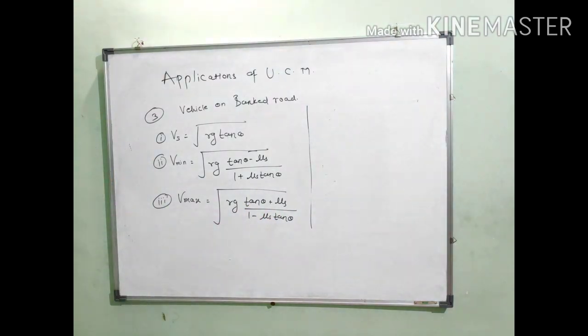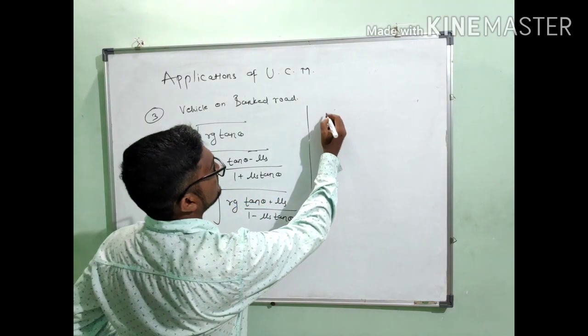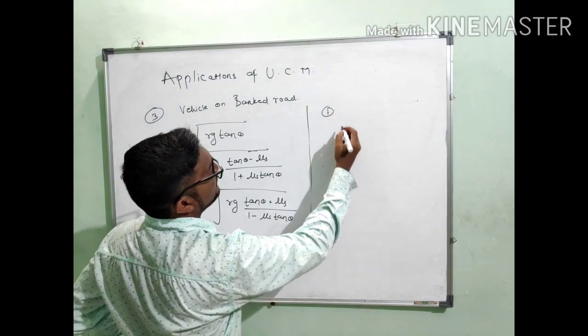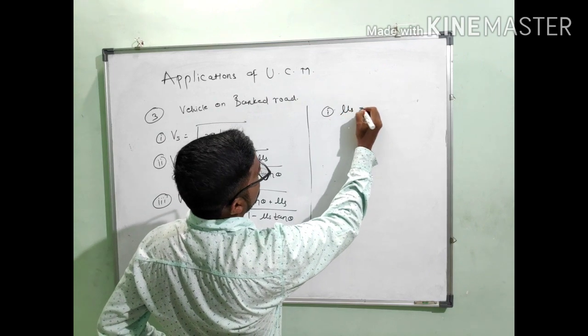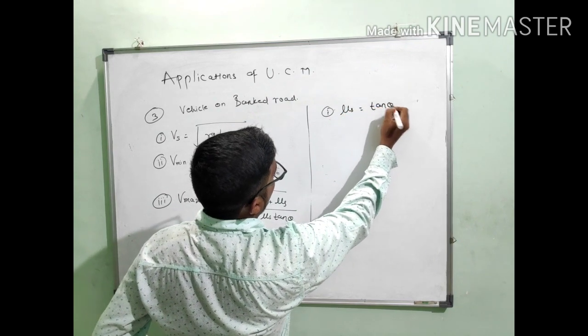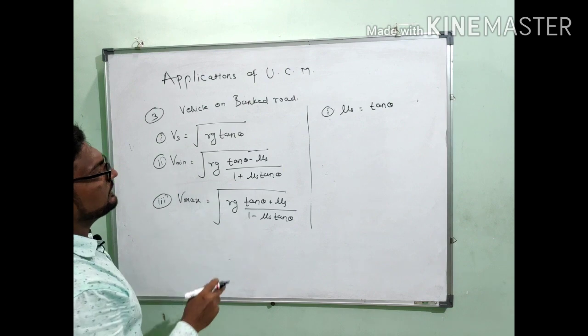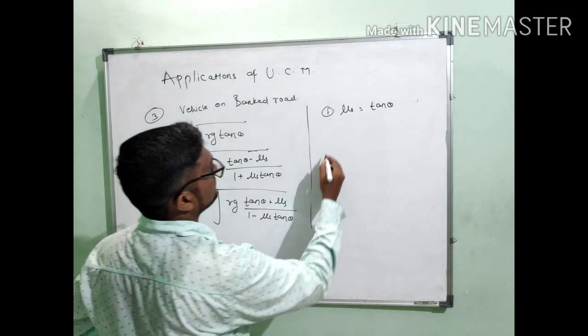Let us consider cases for this minimum and maximum speeds. Case number 1, if mu s is equal to tan theta, V minimum will be 0.